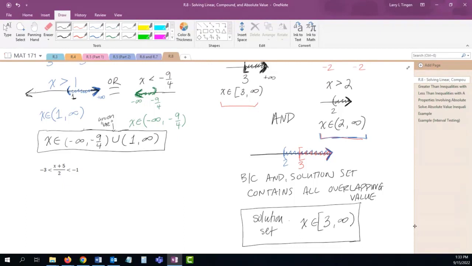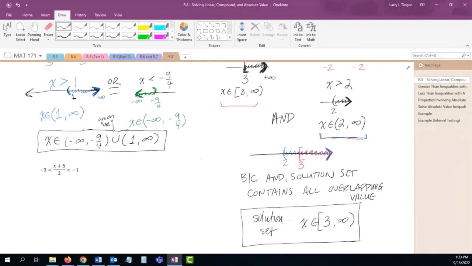Okay. Now there is a notation for this, just like we have the union on the left for the or. We do have what's called an intersection, and it's just an upside down U. But writing it doesn't make a lot of sense because when you write two sets that intersect, the answer is to simplify it down to just the numbers where they intersect.